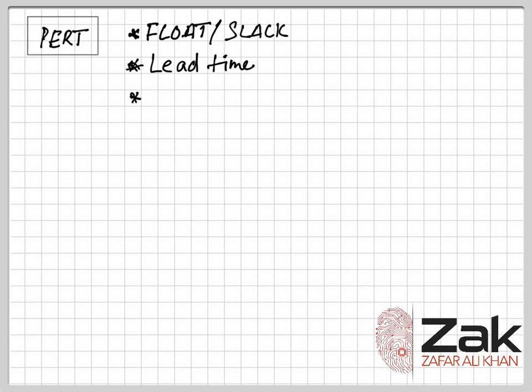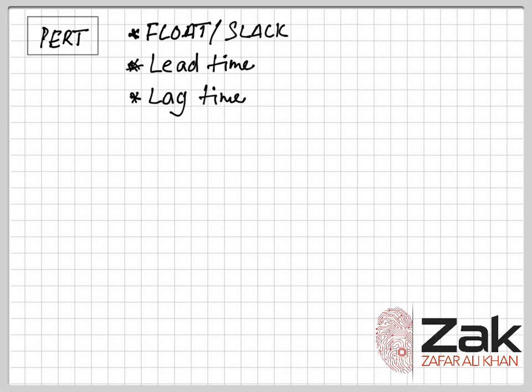And then we have lag time. It is the earliest time by which the successor event can follow a specific PERT event. These might be three more things that appear in the exam.